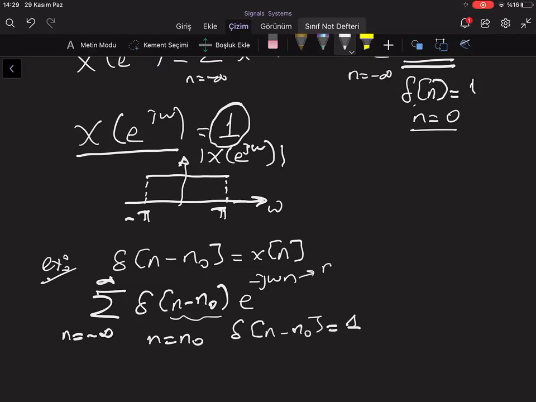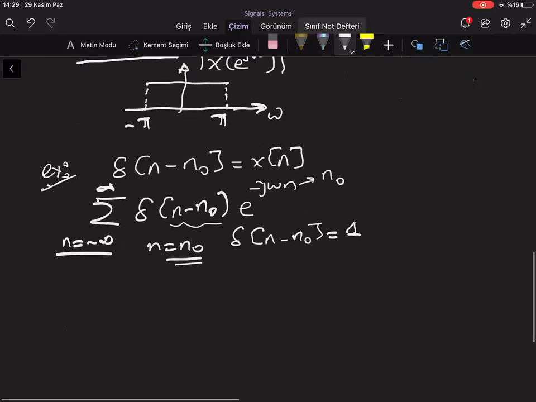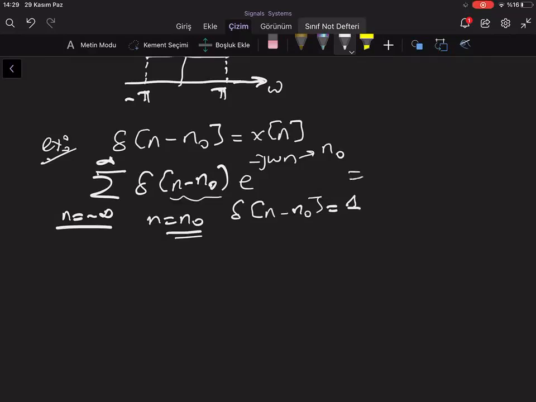So this will be n0, okay? And all the n's will go away and only n0 will be in place. So I'm going to write my coefficient x e to the j omega to be equal to 1 times e to the power j omega n0, okay?